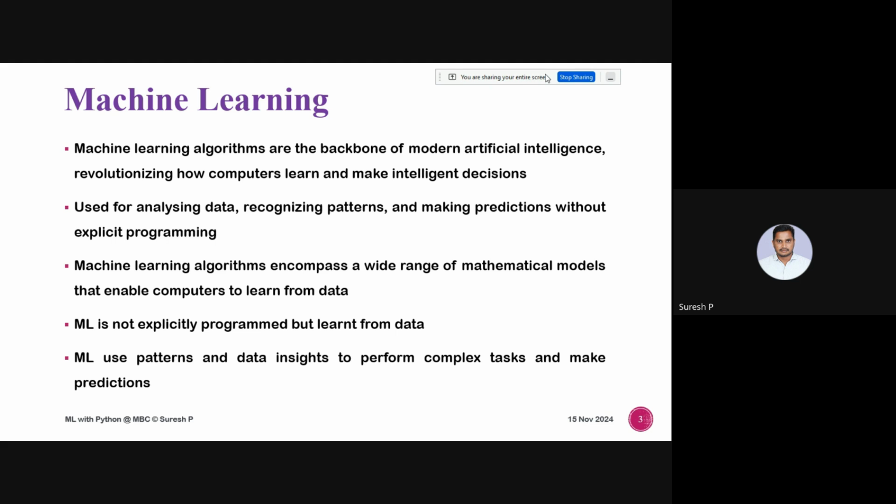Particularly, in machine learning algorithms, whether supervised or unsupervised learning, we are not writing the code for the learning itself. It may be simple linear regression or multiple linear regression, or a classification problem like naive-Bayes classification, decision tree, or random forest. There are a lot of supervised learning algorithms available. For all of them, we are not doing the programming part; the algorithms learn from the data.